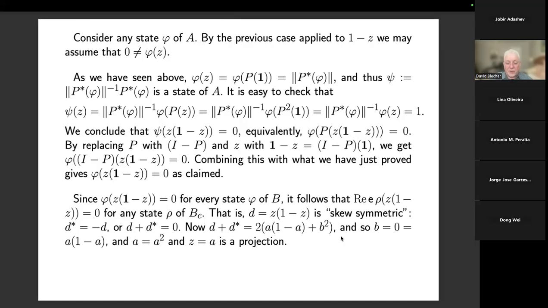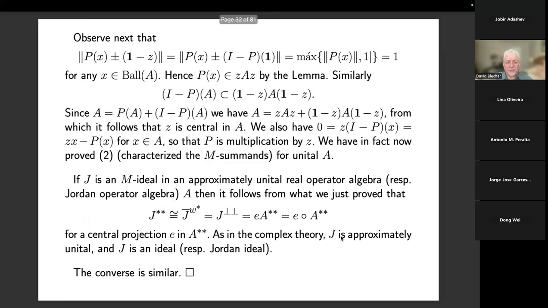So we've accomplished the first steps in the Smith-Ward proof, but it was a bit more difficult for us to do that. And then the next observation is something where we're going to use the lemma that I had about TROs a few slides ago. If you look at P of x plus or minus 1 minus z, then this is just P of x plus or minus 1 minus P of 1.